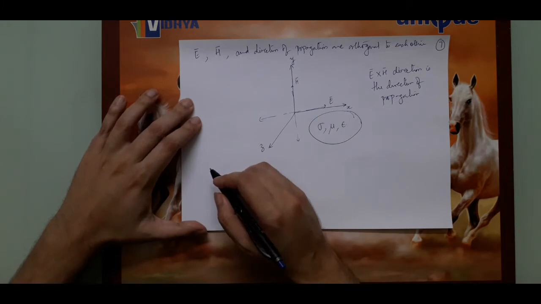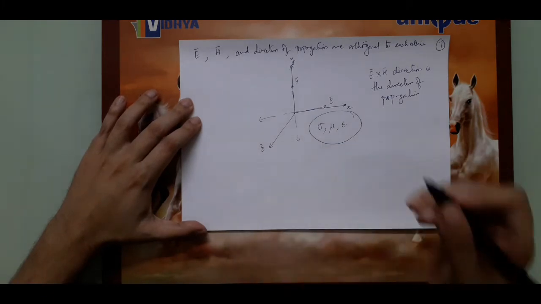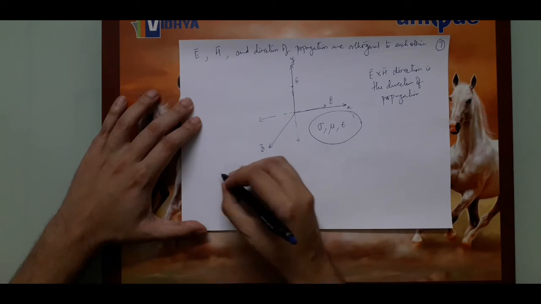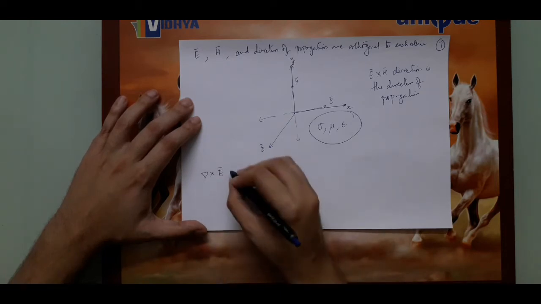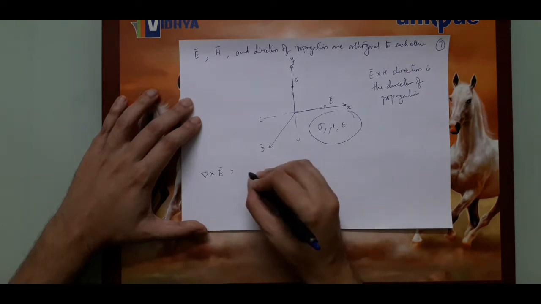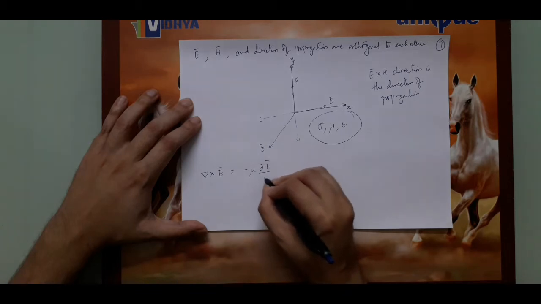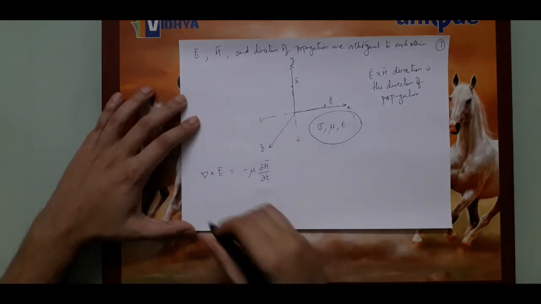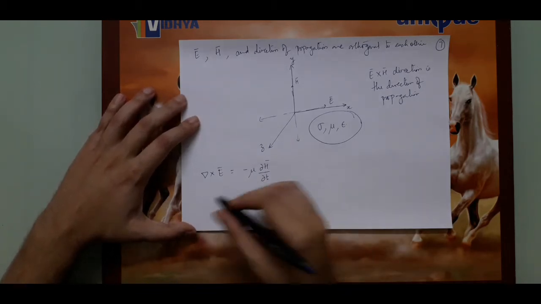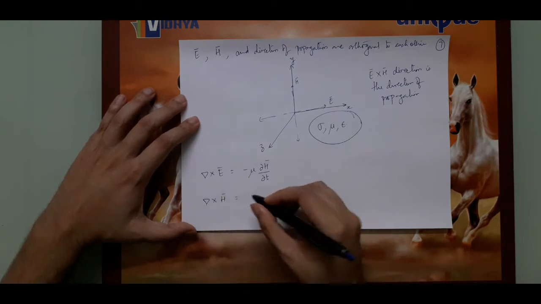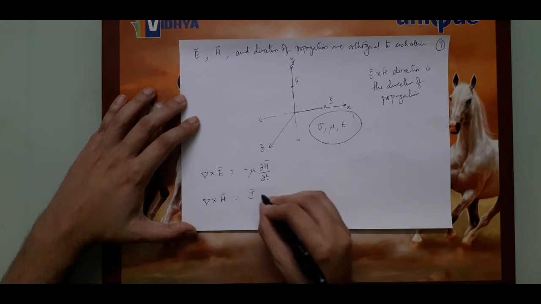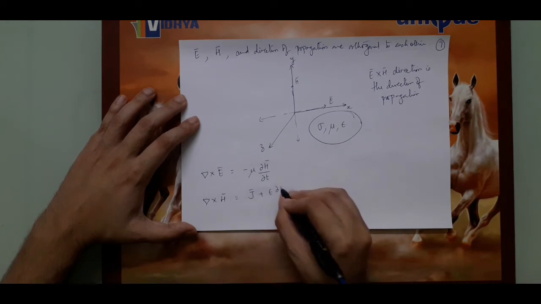So we can apply the Faraday's law and the Ampere's law and we can write this. So using Faraday's law, I can say that curl of E is nothing but minus mu times del H by del t, and the Ampere's law is curl of H equals J plus epsilon del E by del t.